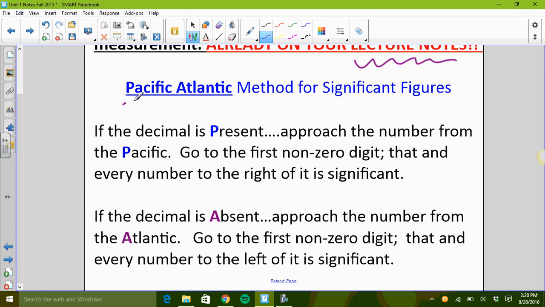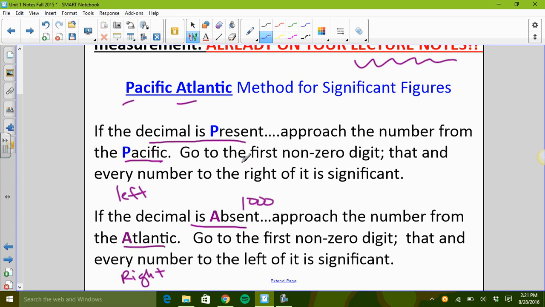The Pacific Atlantic method is a little silly rule that gives you some information. If a decimal is present, you start from the Pacific side, which is the left side of the number. If the decimal is absent, meaning you have a number like 1,000 with no decimal, you start from the Atlantic, which is the right side of the number.